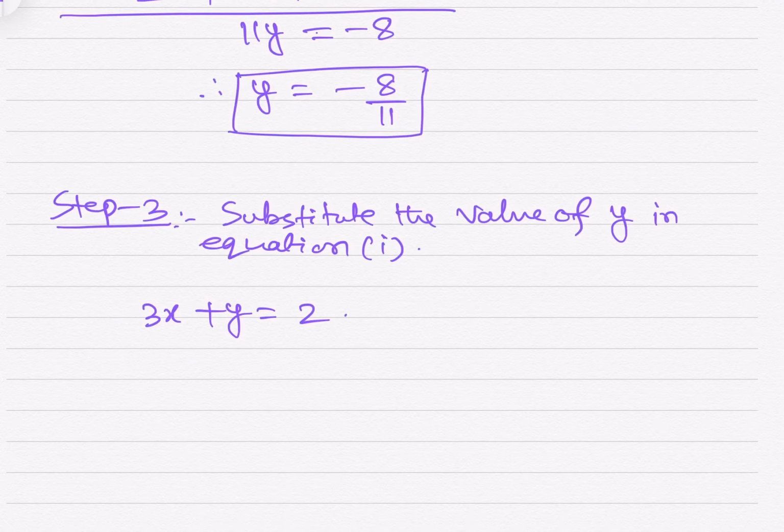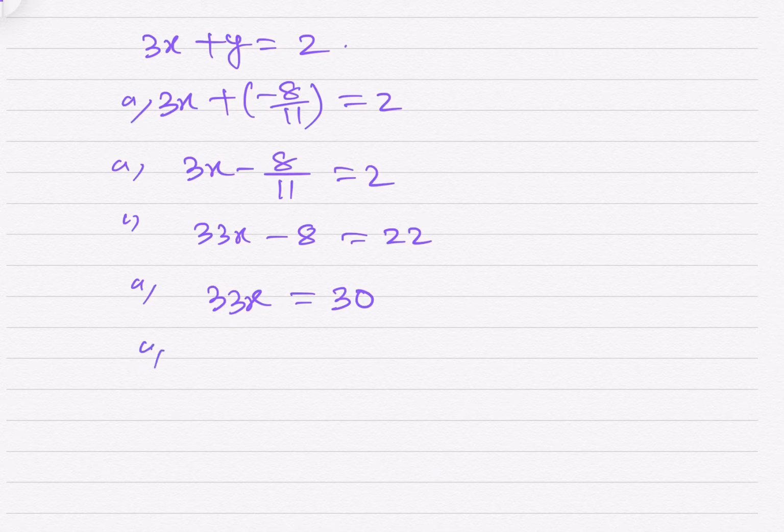Now we substitute the value of y here: 3x plus minus 8 by 11 equals 2, or 3x minus 8 by 11 equals 2, or 3 into 11, 33x minus 8 equals 2 into 11, which is 22, or 33x equals 22 plus 8, which is 30, or x equals 30 by 33.